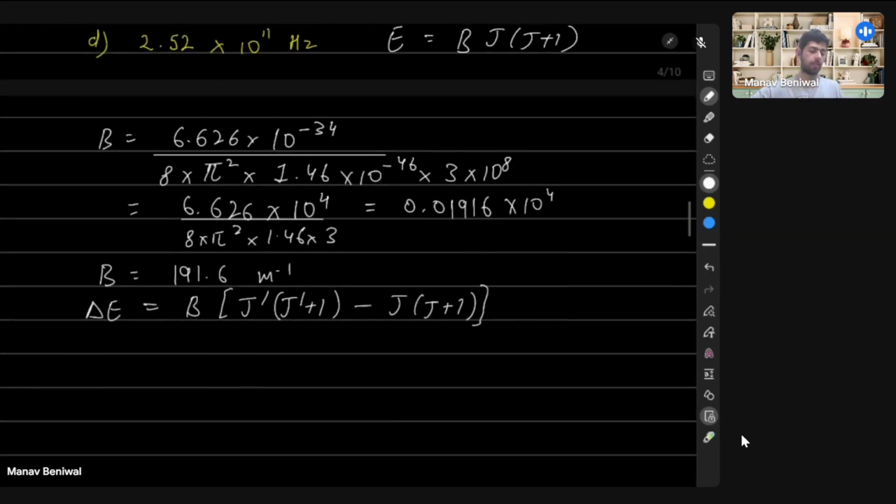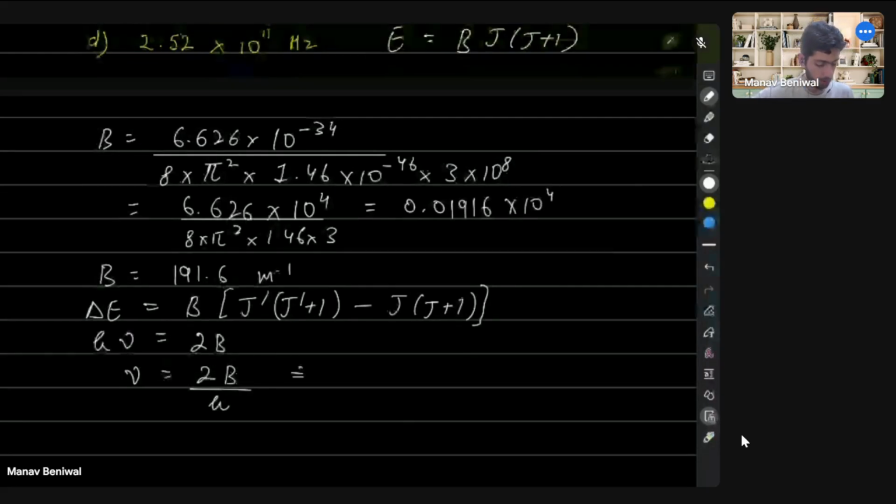So when this is 0, this term becomes 0, and when this is 1, 1 plus 1 is 2, so this just becomes 2B, right? And this is nothing but h nu, so nu then becomes 2B by h.